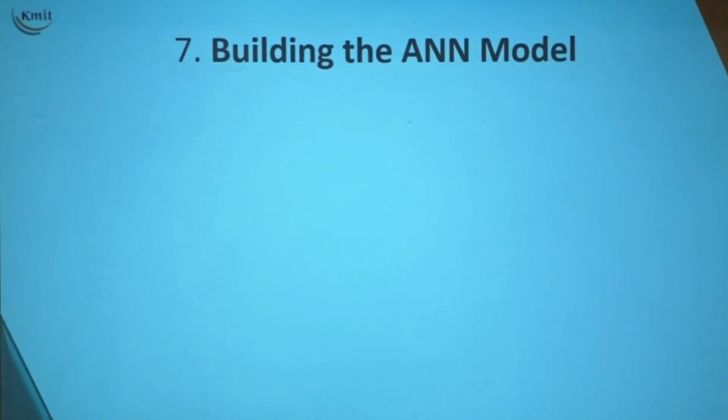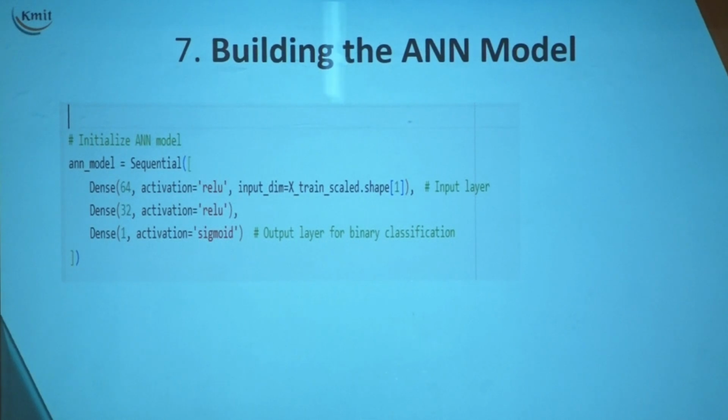Now let's see how we build the ANN model. What was the model that we imported from TensorFlow? Sequential. Look at this. I write ann_model is equal to Sequential of something something something. Now you tell me what is that something. Did we import Dense?